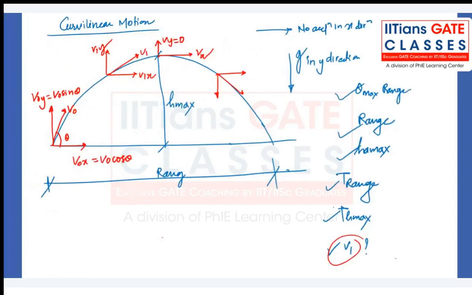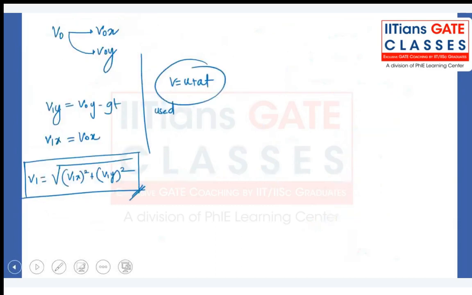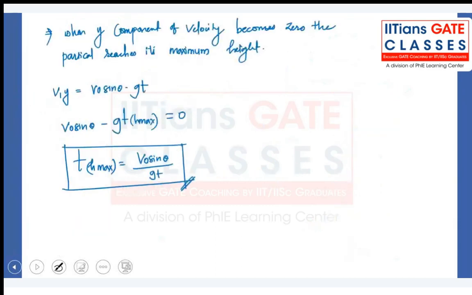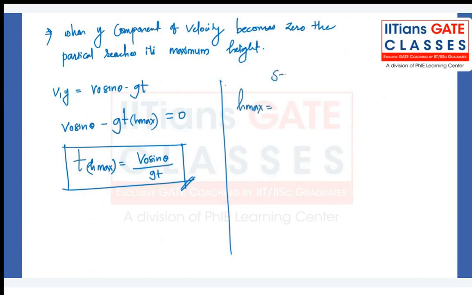Now you got the time at which the particle will reach the maximum height, but what is the maximum height that we should calculate? H max, you know, s is equal to ut plus half of at square. So h max: u is v naught y, because the y component is the only one causing the vertical motion.